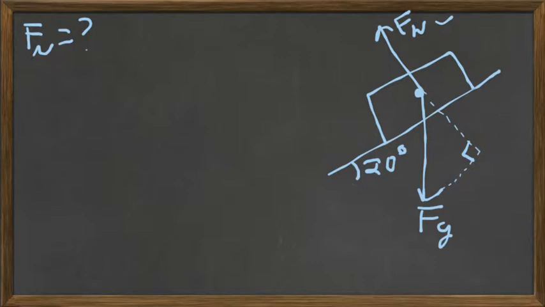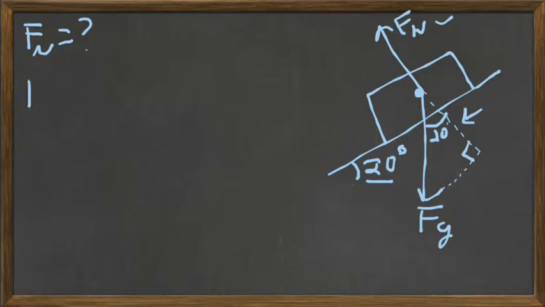Now, how do I get that side of the triangle? Well, again, because geometry is magic, this angle right there is actually the same as the angle of the incline, 20 degrees. Since this side of the triangle is the adjacent side of the triangle to that particular angle, I'm going to use the cosine function.